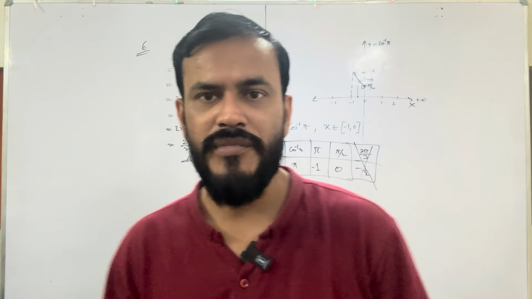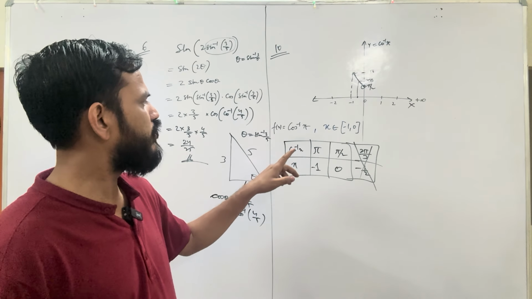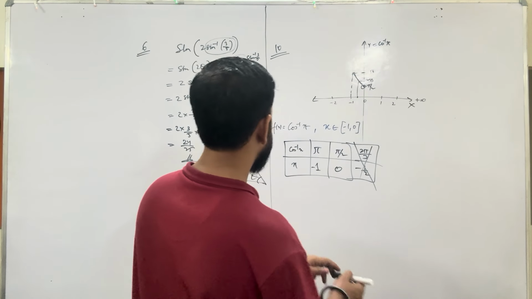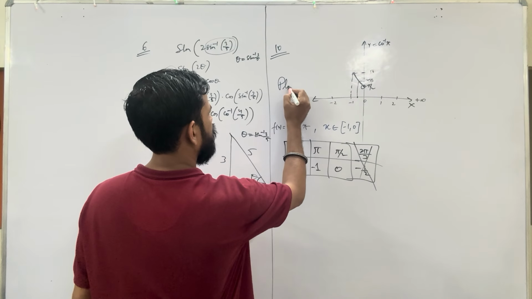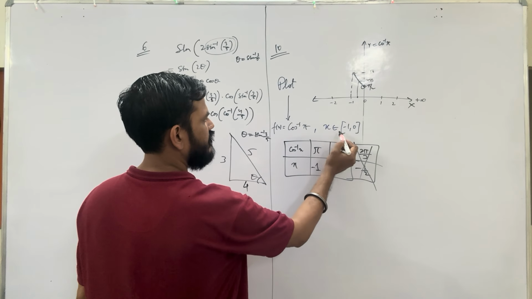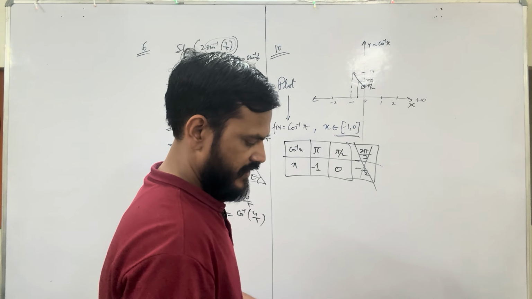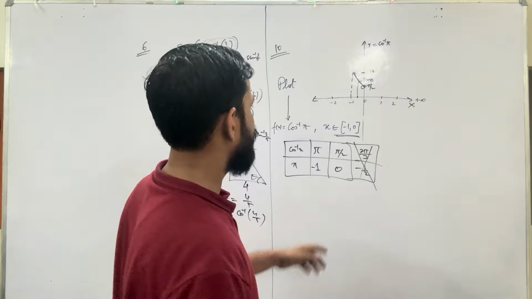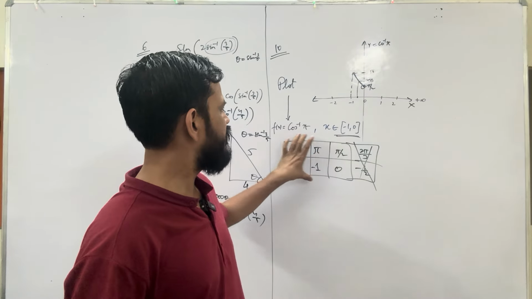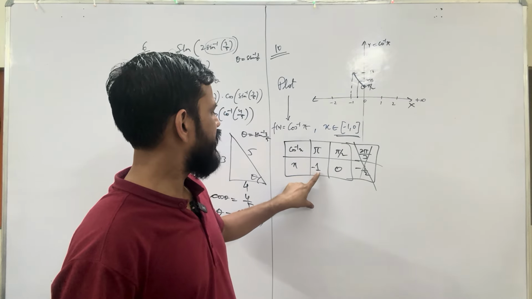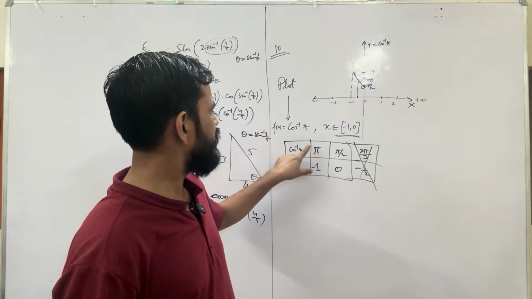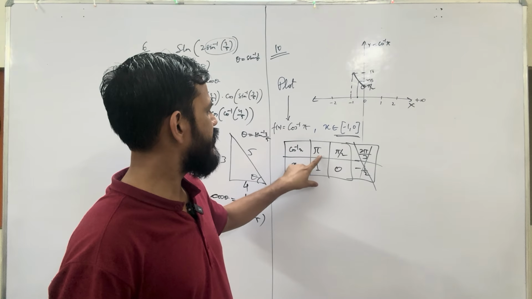Now there is another problem which asks you to plot cos inverse x in this range, for this domain. We make a value table. When x equals minus 1, naturally cos inverse x will be pi.